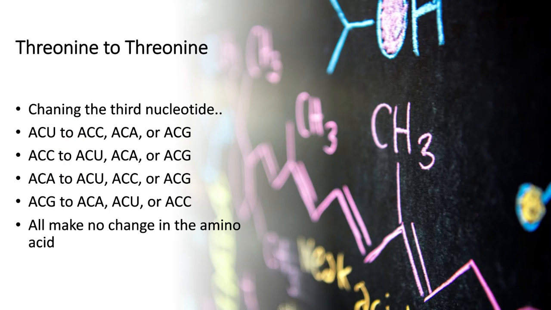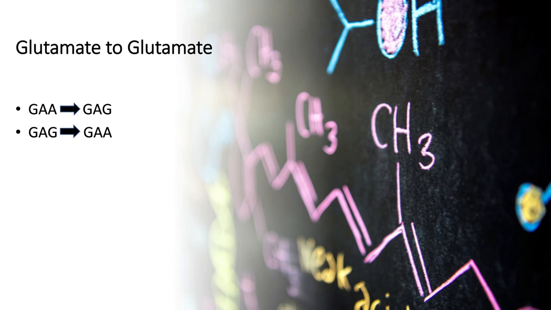The same thing applies to threonine: changing that third nucleotide makes no change in the amino acid. It would still stay threonine. And for glutamate, if you had GAG and the third nucleotide was substituted from G to A, there would still be no change.